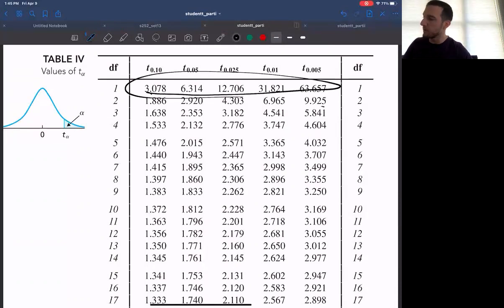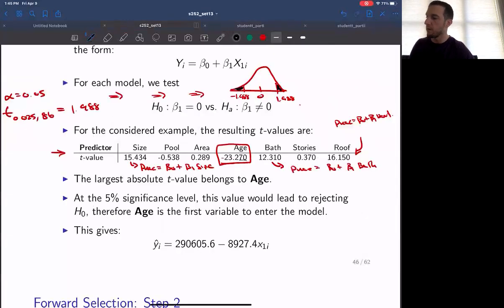But otherwise, if you're bigger than 10, you're going to reject for pretty much every significance level. So that was why I was skipping that part when I was explaining it. But the criteria, going back to the original question, is simply the standard criteria that we always utilize to check for significance. So at this particular stage, we have t 0.025 and 86.